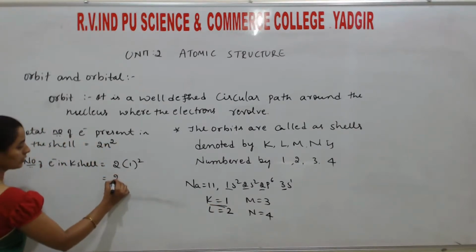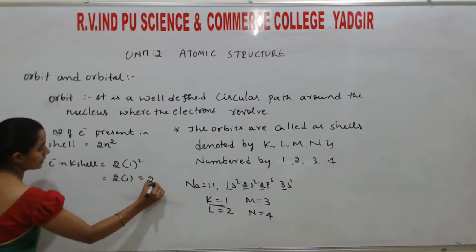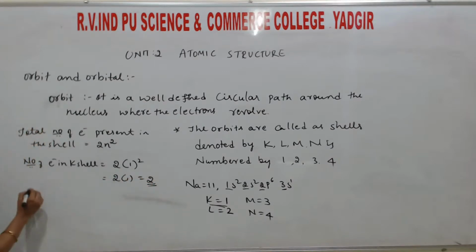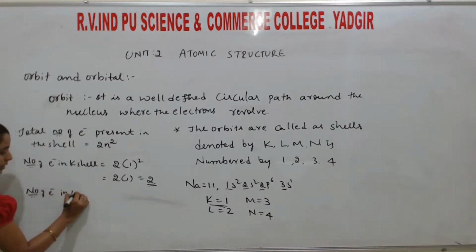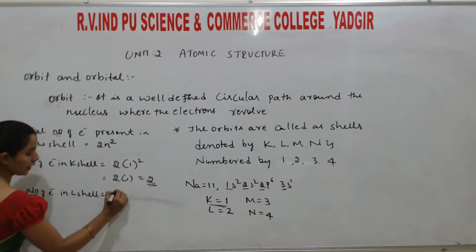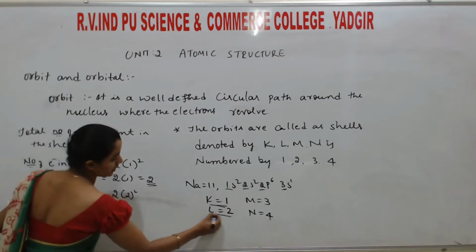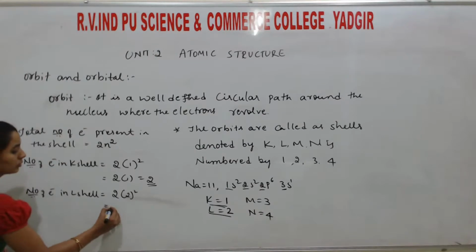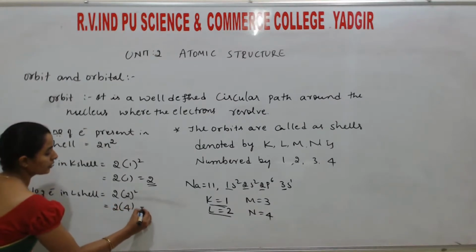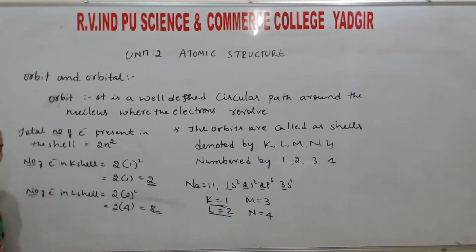That is how much? 2 into 1, that is 2 electrons. Next, number of electrons in L shell, 2 into 2 square. Why? Because L is equal to 2. 2 into 4, that is equal to 8 electrons.